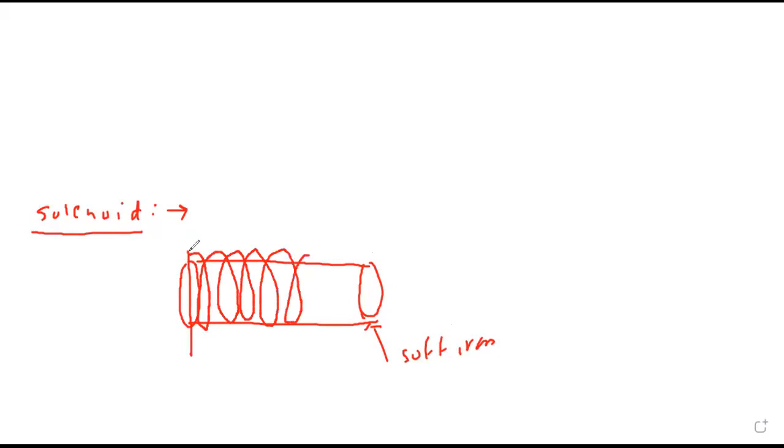I want the magnetic induction by using Ampere's circuital law. So current enters from one end and leaves from the other.